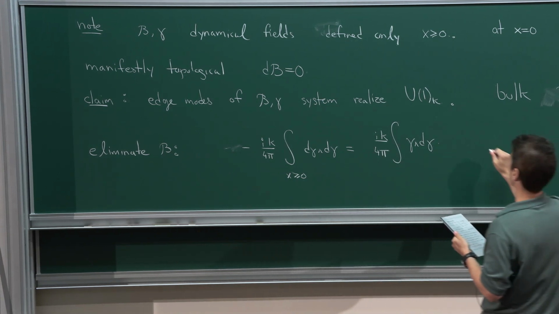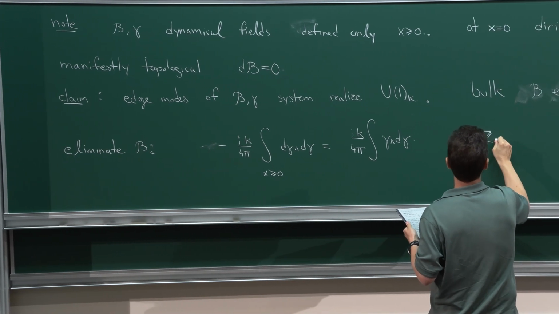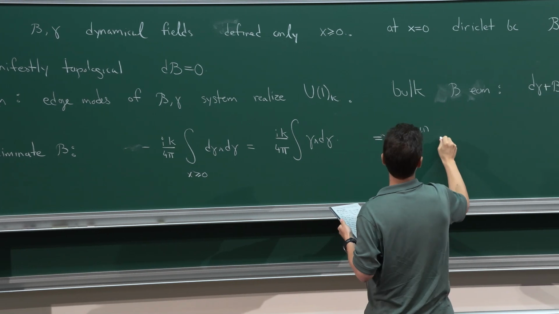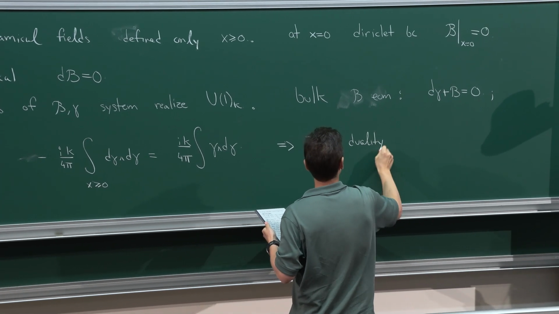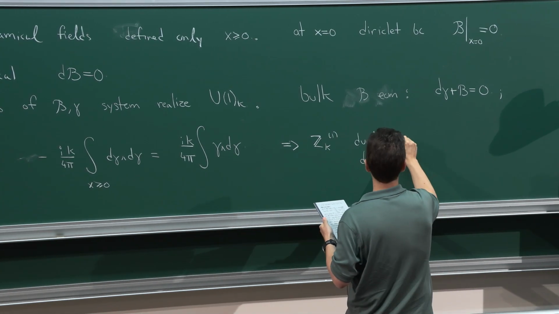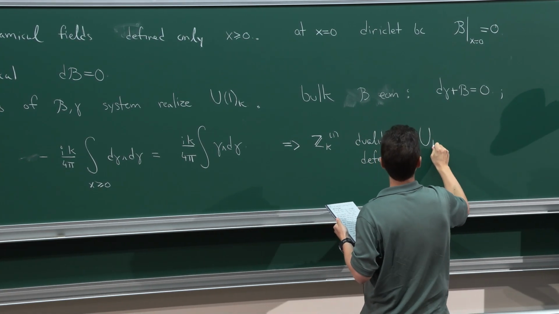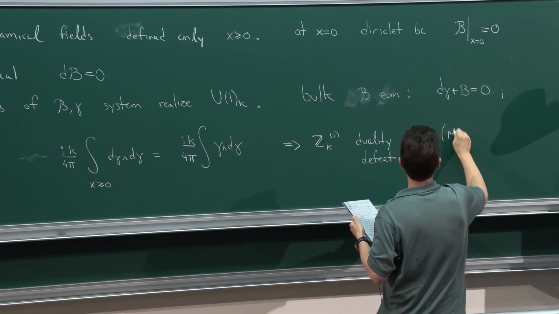So what you are supposed to conclude from this reasoning is that this Z_k one-form duality defect is the same as U1 over K of M3.